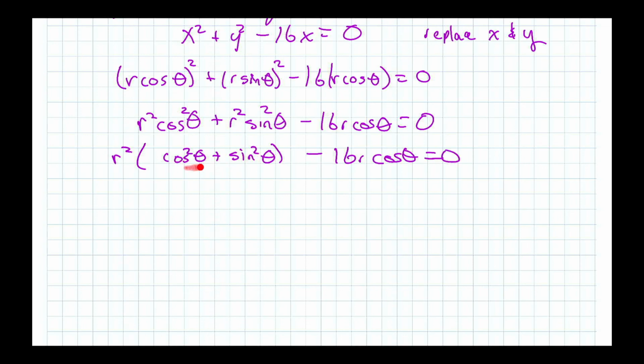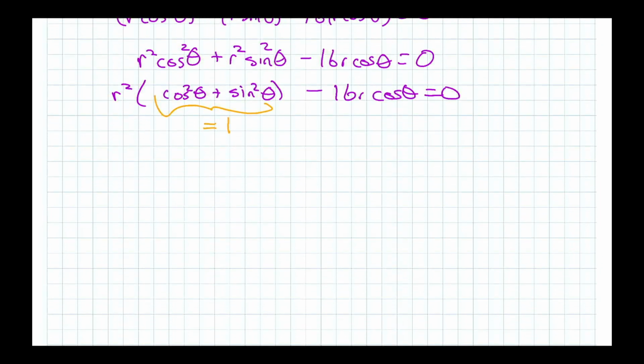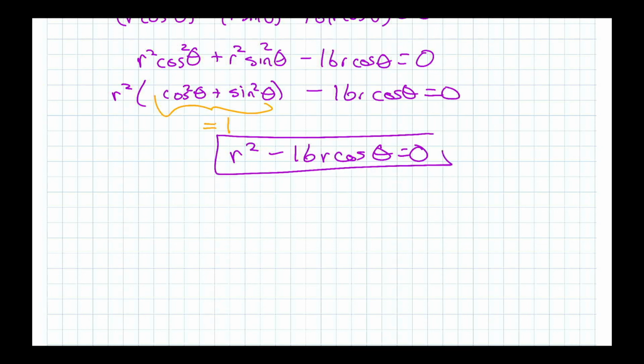And then what is cosine squared theta plus sine squared theta? You should recognize this identity, right? This is just 1. So you actually just get 1 times r squared. And this is what I would have for my answer.